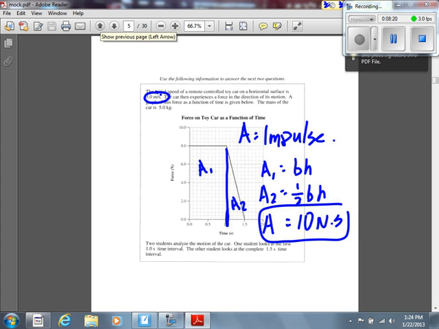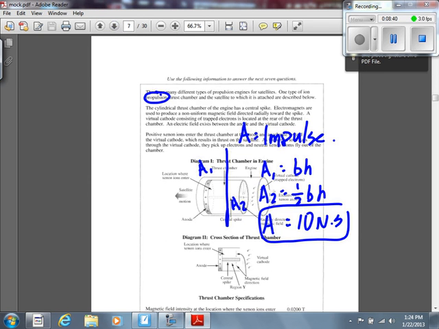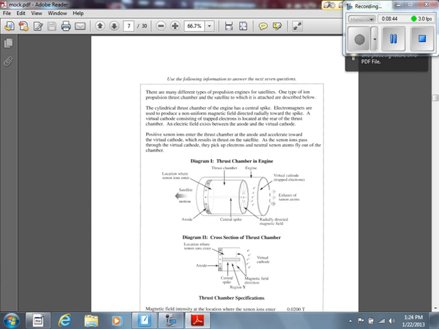This is where it starts getting a little bit tougher. Page 4. Notice it says on page 4, use the following information to answer the next 7 questions. I've seen a scenario before where it's use the following information to answer the next 14 questions. Most times it doesn't get quite that much, but it can.